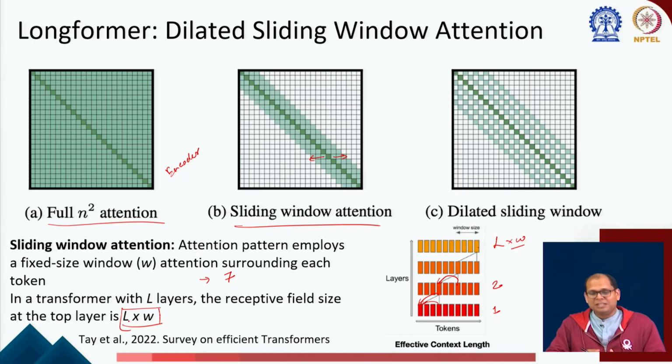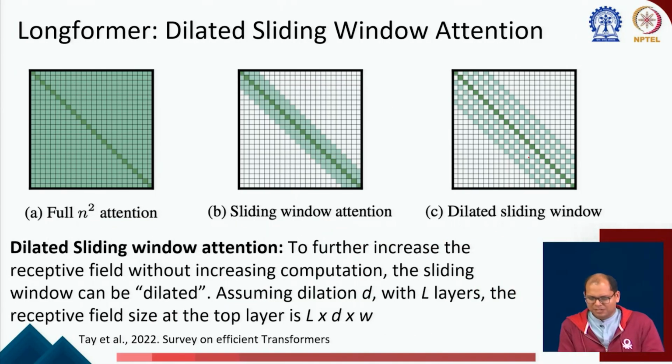And then you can even increase the receptive field if you use dilation like you do in convolution. So you put some gaps in the window. So for the same window you now have L cross W cross D. You can increase your receptive field by dilating the sliding window.